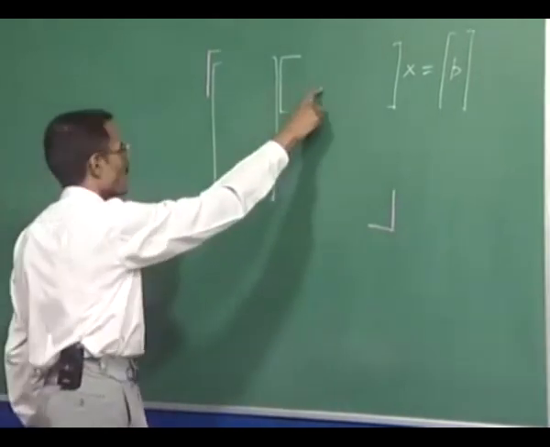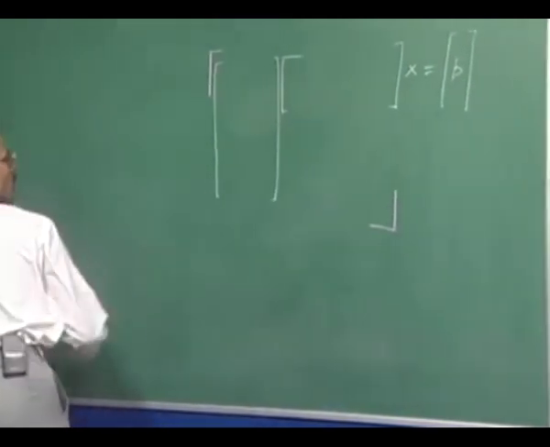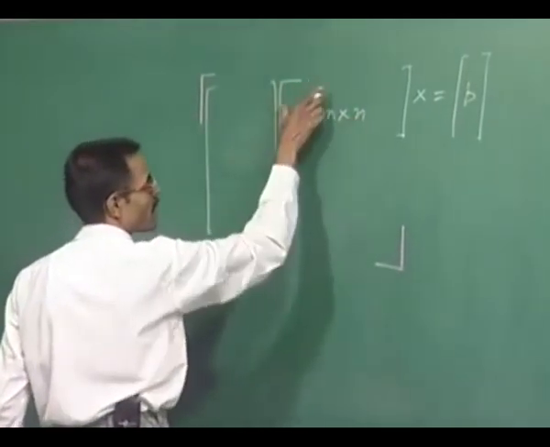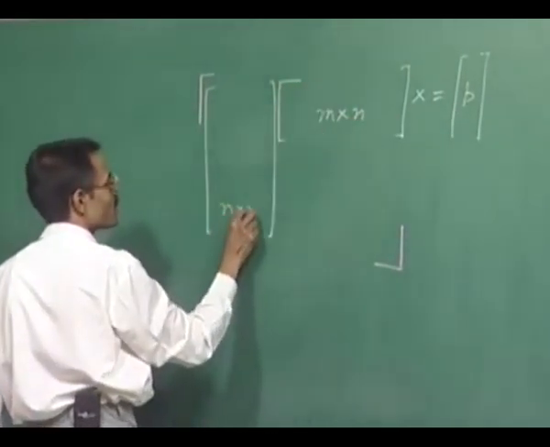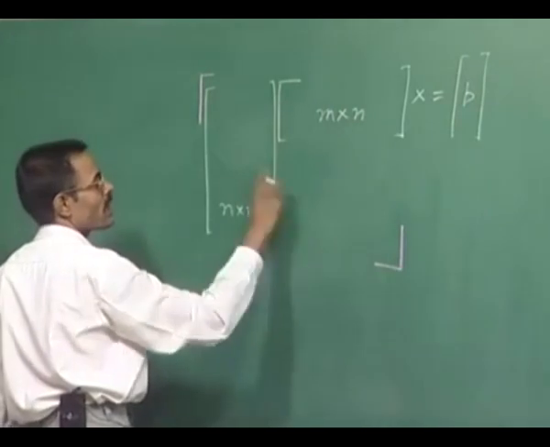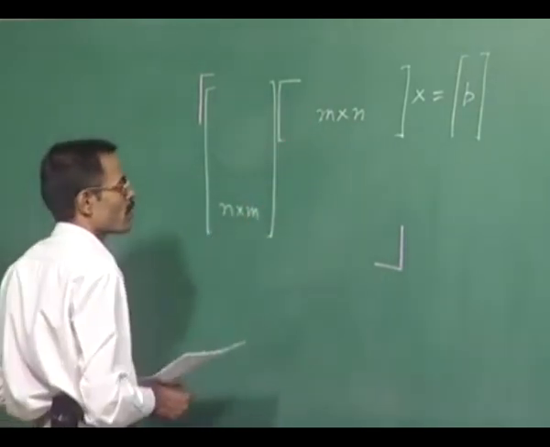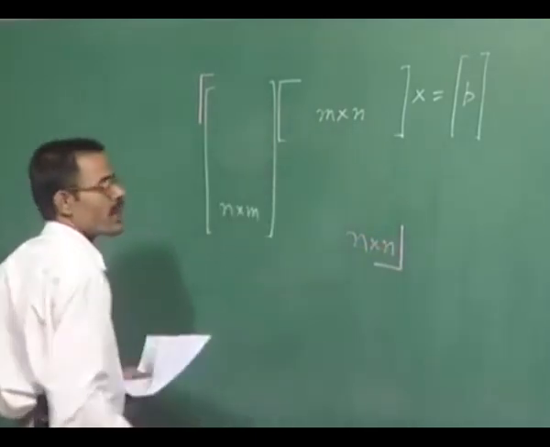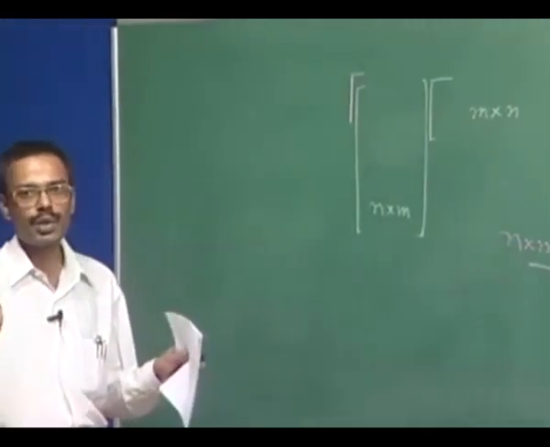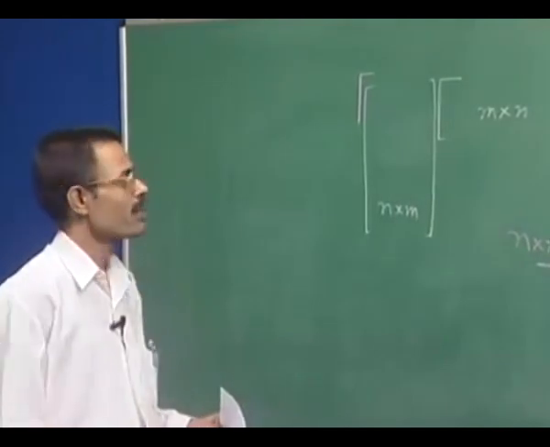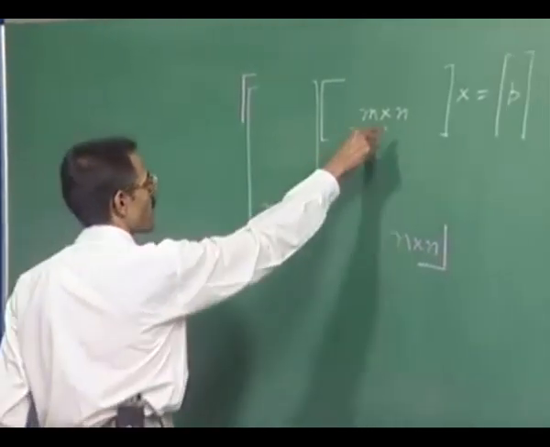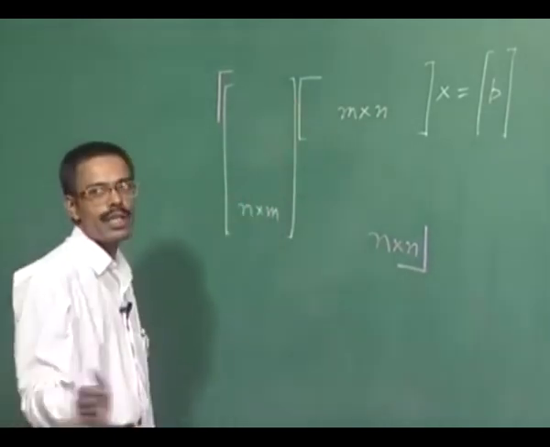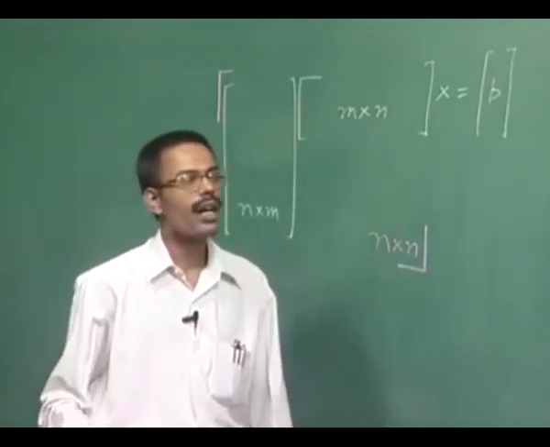So, this matrix was m by n, with m less, n larger. This is n by m, and the resulting matrix A transpose A that you will get will be n by n, which is large, and this matrix is sure to be singular, because this matrix of rank m and this matrix of rank m in product will never give you a matrix of rank higher than m.